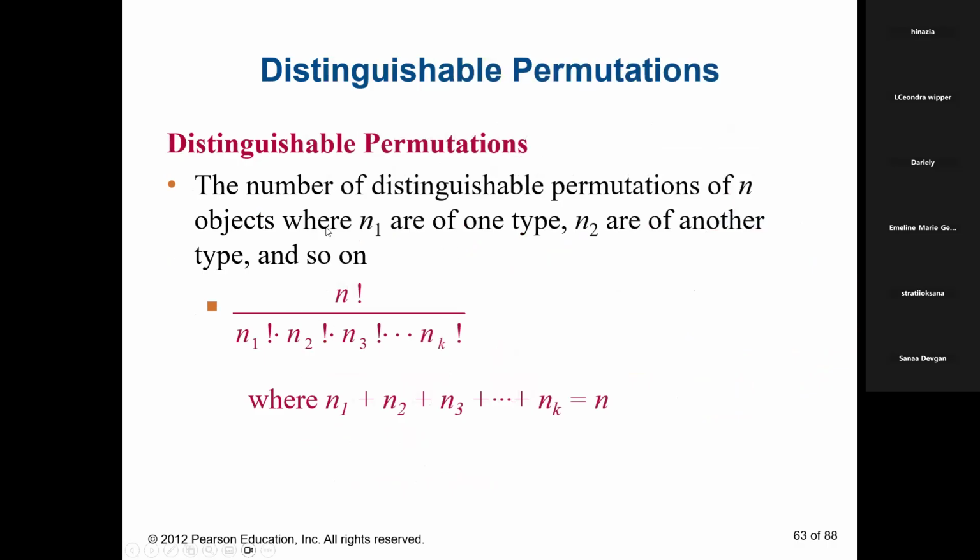Now, let's talk about distinguishable permutations. The number of distinguishable permutations of n objects, where n1 are of one type, n2 are of another type, and so on, is given by n factorial over n1 factorial times n2 factorial times n3 factorial, and if you have more types, you times that nk factorial.